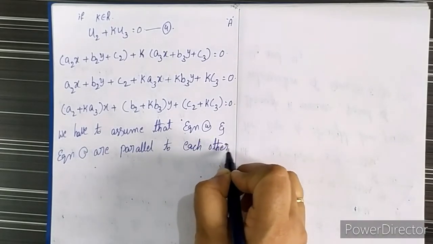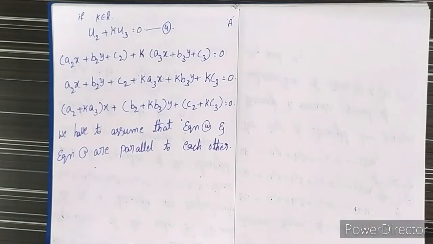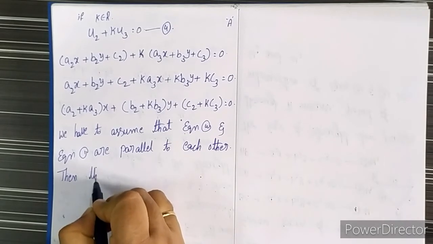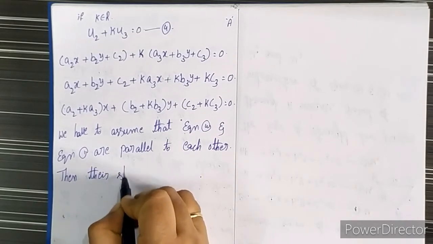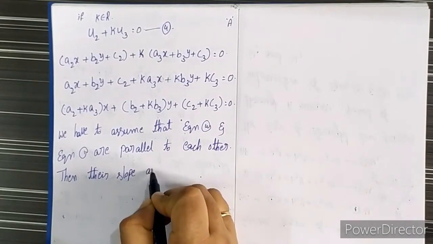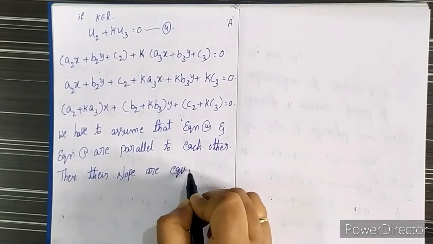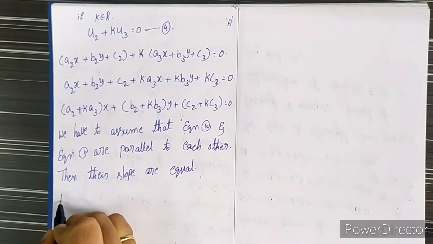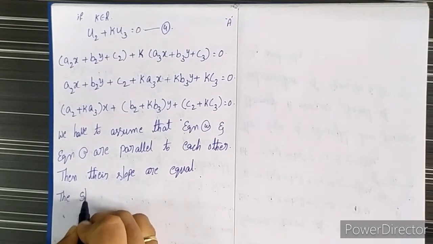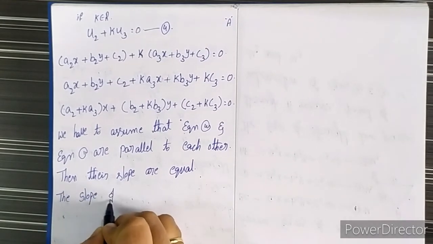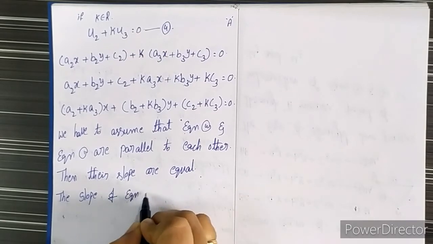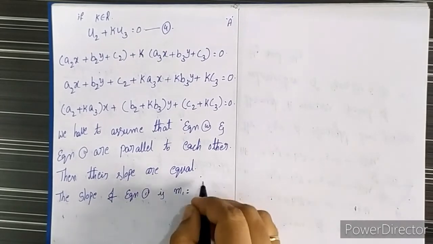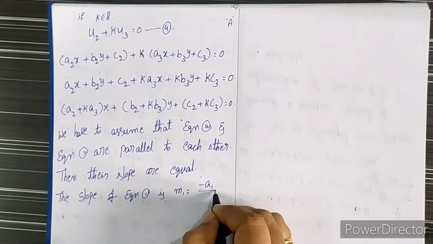Then we know that if any two lines are parallel to each other, then their slopes are also equal. That means the slope of equation 1, let it be m1, is equal to minus a1 by b1.